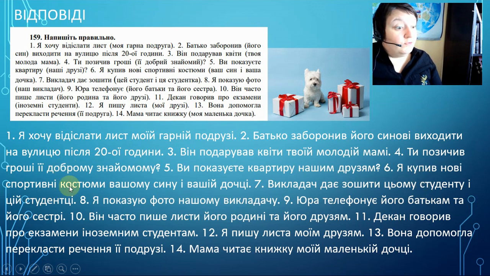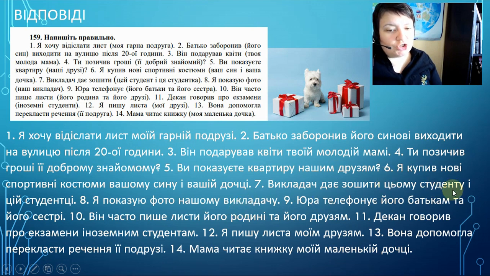Я купив нові спортивні костюми вашому сину і вашій дочці. I have bought new tracksuits to your son and your daughter. So, to your son grammatical masculine, to your daughter grammatical feminine, dative case.